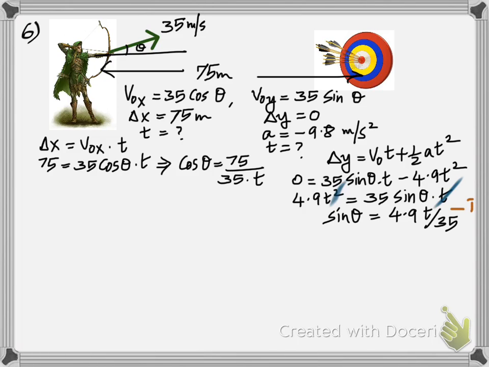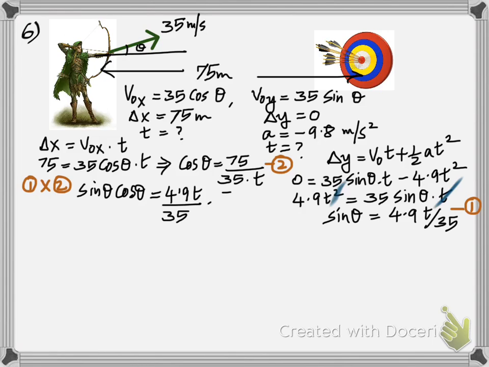So there is your equation 1, that is your equation 2, and if you multiply the two equations, the left hand side becomes sin theta cos theta, and the right hand side takes this form. T's can be cancelled, and on putting those numbers together you get 0.3.